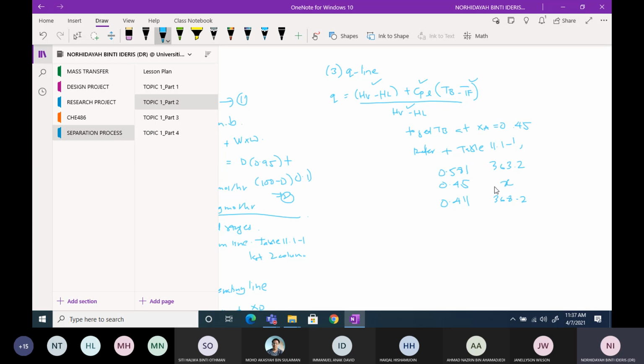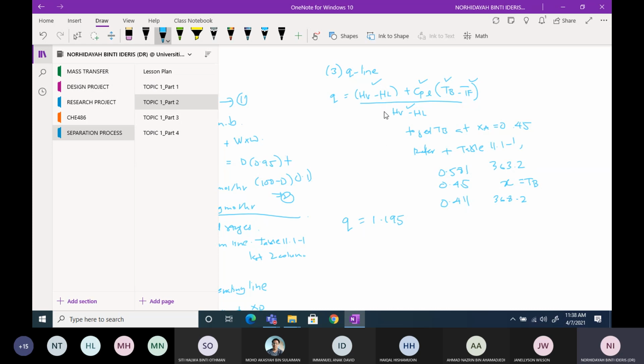Make some interpolation and eventually you will get the value of T_B at x_A equal to 0.45. Once you get this value, put it inside this equation and you can get the value of q, more or less the same, 1.195.